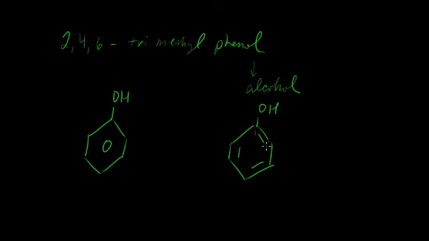I'm going to label all these carbons on both forms of writing benzene. Now, going back to green, we have trimethyl. Remember, methyl is CH3. We have 3 of them, and they're on 2, 4, and 6.